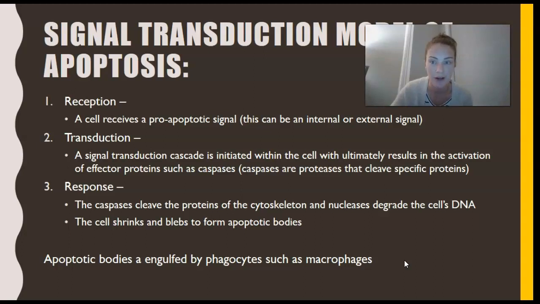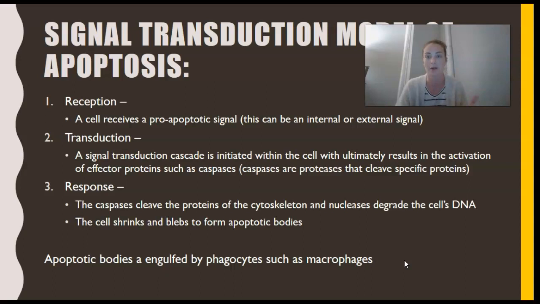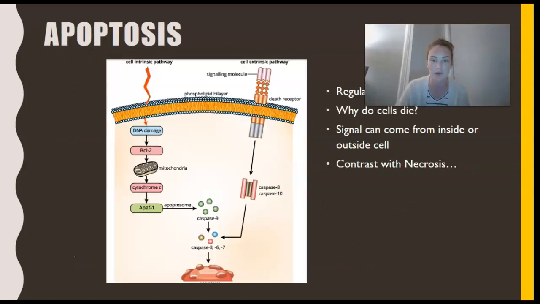Right. Probably the most important part that we clarify for apoptosis is how we're distinguishing between the inside and the outside signals. So now that we have an appreciation of what the process is and what it looks like, these are the 2 different versions of it that you need to be able to discuss.